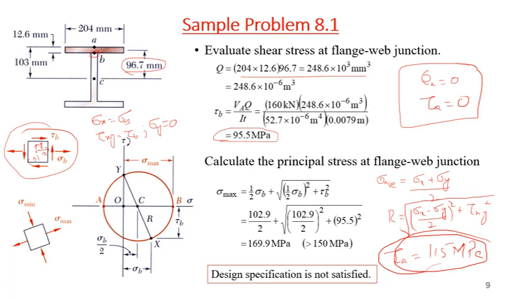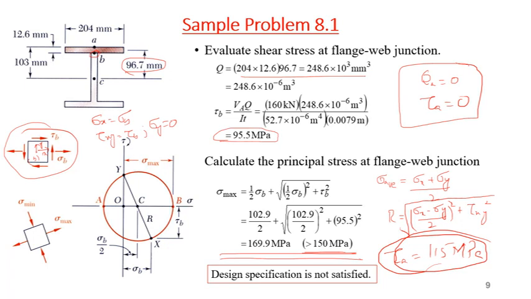But when we find the maximum normal stress at the junction of flange and web, that is 169.9 megapascal, which is greater than 150 megapascal. So the design specification is not satisfied, meaning it cannot sustain the load, and we have to either change the cross section or change the loading condition.